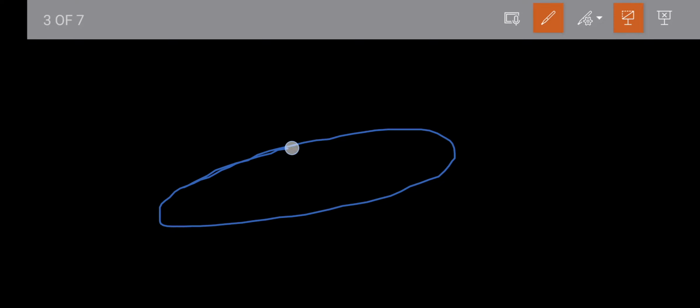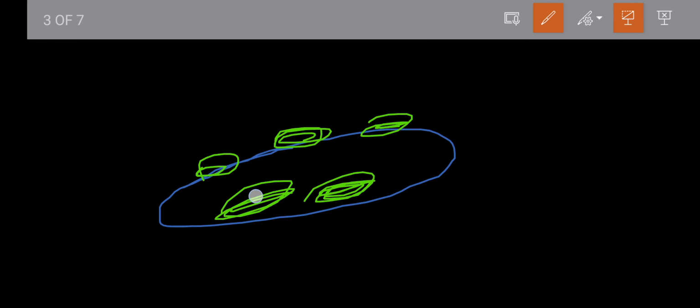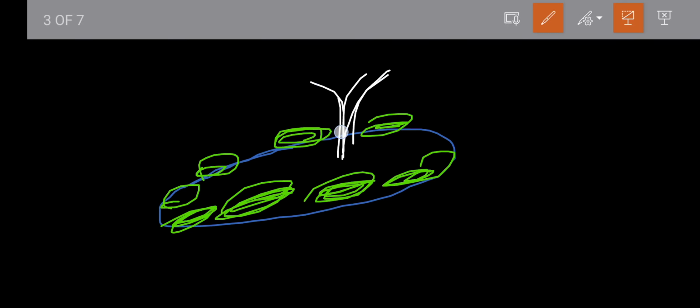This is a pathogen, and complement proteins will surround this pathogen and form pores in the membrane of the pathogen. After forming pores, all the contents of this pathogen will come out.